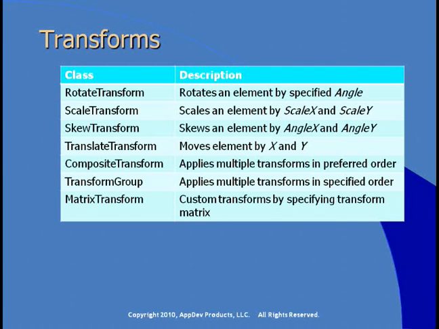Finally, there's a MatrixTransform, and this is the lowest level. This allows you to supply values into the matrix you've already seen and perform the matrix manipulation yourself. We won't show off MatrixTransform in this course because it involves math that we don't have time to dig into. But if you're interested, you can look at that MatrixTransform class to do all the work manually.